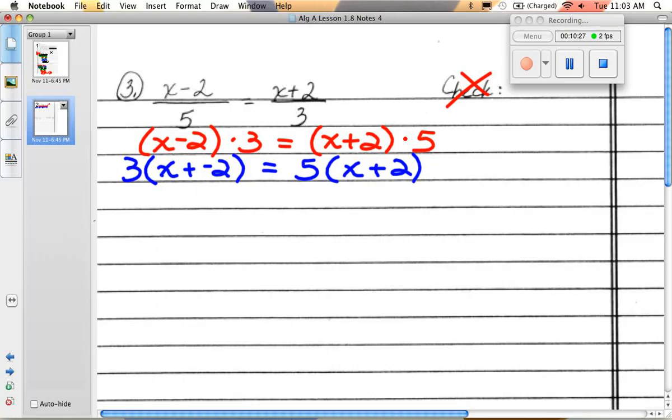Okay, go ahead and work from there. You got 2 distributive properties to do on both sides. You're going to work on this side with that distributive, and then on the other side you have another distributive property to do. And then check to see if you and I agree.